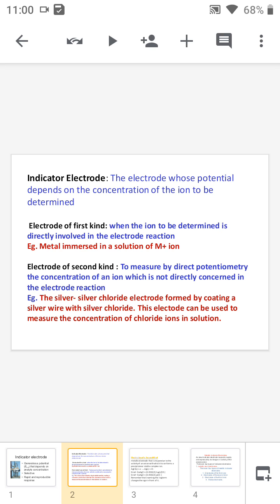So first of all we measure the concentration of the Ag+ ion in the solution. If the compound is AgCl, we can convert the concentration of the Ag+ ion to the Cl- ion, because if we have one Ag+ ion in the solution, definitely there is a Cl- ion remaining in the solution. Thus we indirectly measure the concentration of the Cl- ion, and this is known as the second kind of indicator electrode.